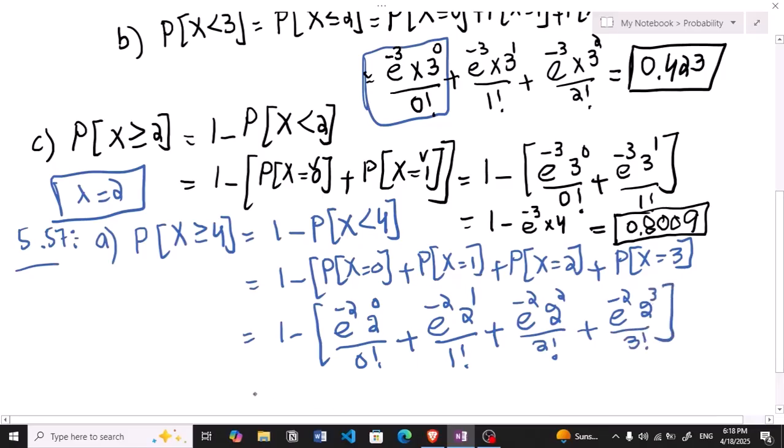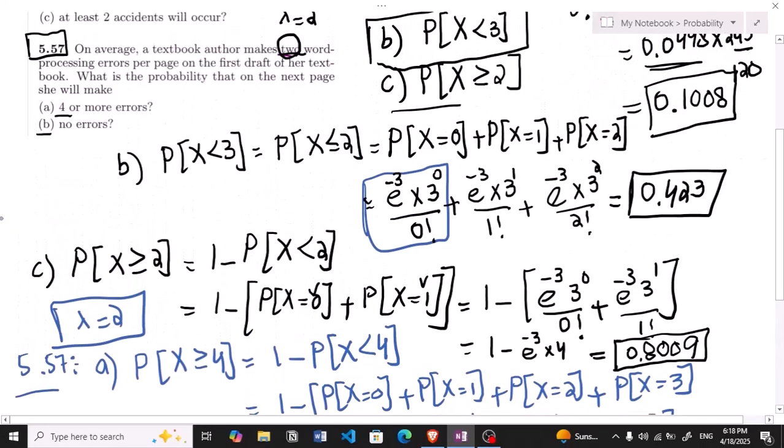Then solving it and finding the answer, it would be 0.1441, and that is basically the solution for part A of my question.